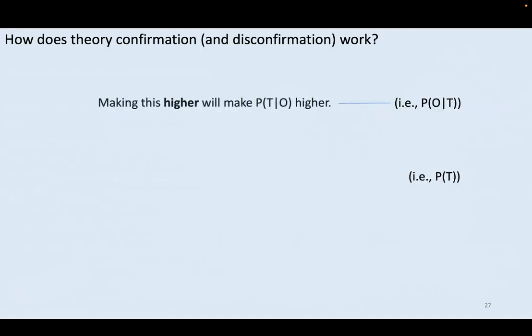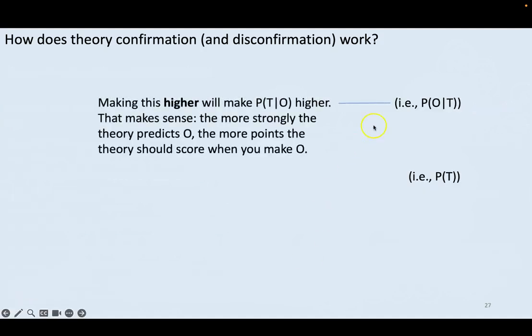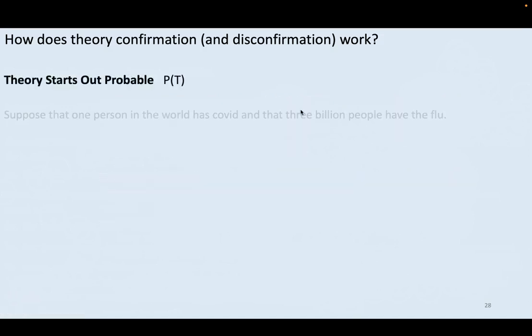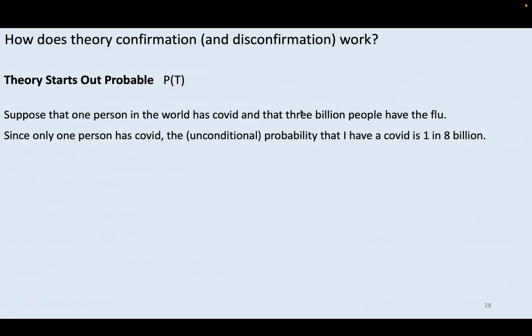Okay. So that's this thing, the likelihood: making the probability of the observation given the theory higher should make the probability of the theory given the observation higher. What about this thing, the prior probability of the theory? Well, that's the starting point. Suppose that one person in the world has COVID and 3 billion people have the flu. Since only one person has COVID, the probability that I have COVID, with no other evidence, is 1 in 8 billion.